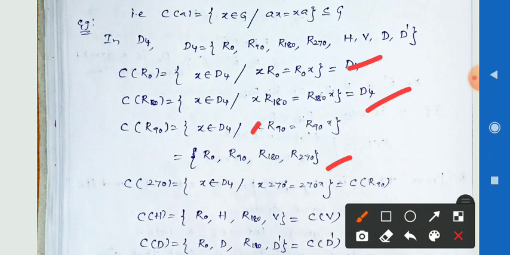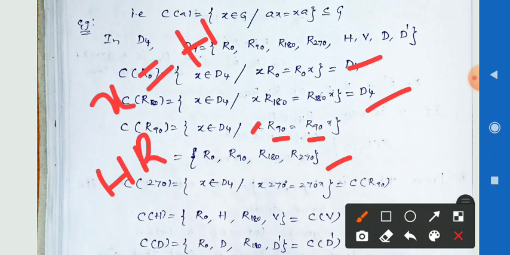If R90 is fixed and we take x equal to h, then h into R90 and R90 into h are not equal.